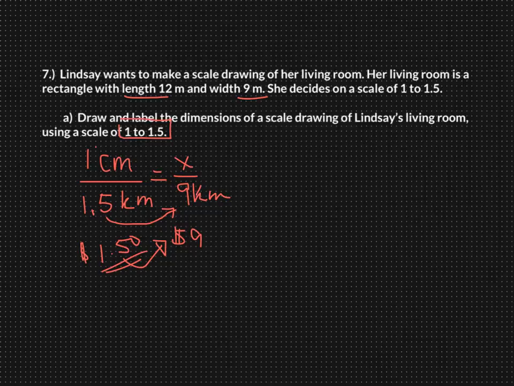If you know that two $1.50s, if I multiply this times 2, equals 3. And how many 3s are in 9? There's 3 of those. So I've got 2 and 3, so that means there's 6. 1.5 times 6. So that's how many kilometers there is.